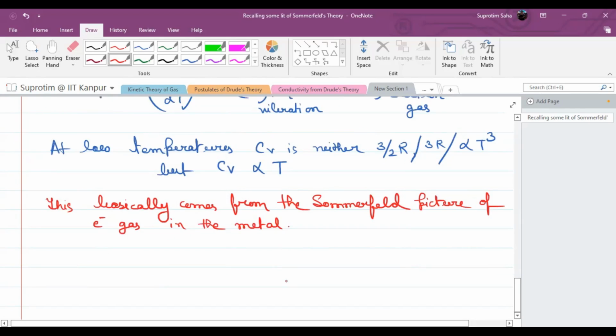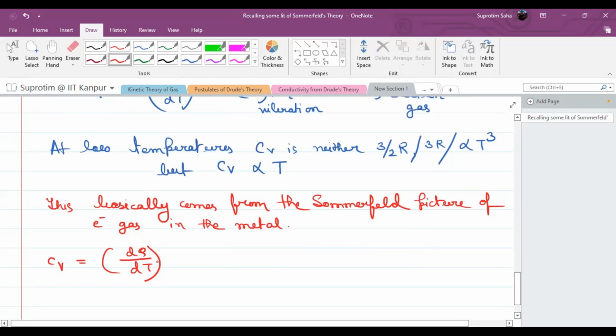All right. So now, before proceeding further, as we want to know about the electronic contribution to the specific heat, let me clear the picture of what specific heat really is. Specific heat is dQ/dT, meaning that if you change the temperature of the system, what is the change in energy, or alternatively, if you supply some heat into the system, what is the change in temperature of the system.